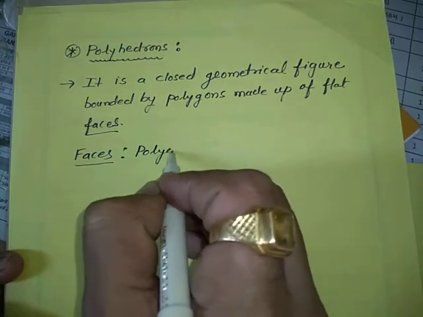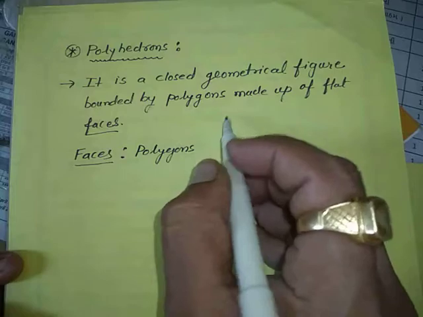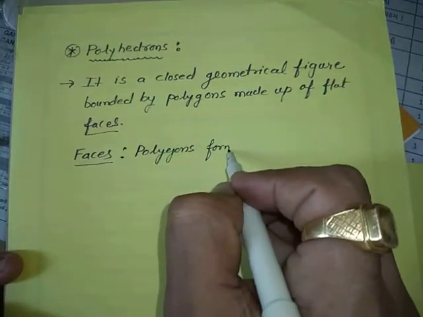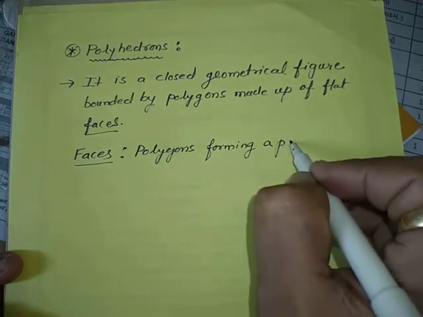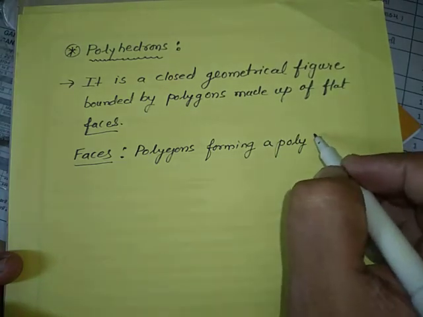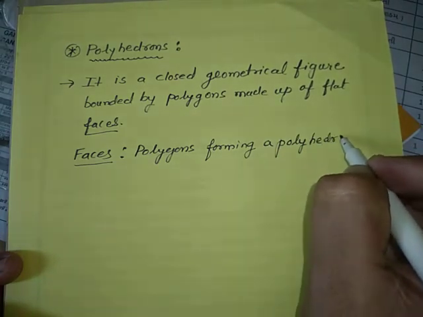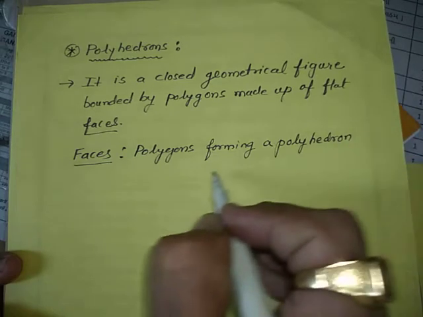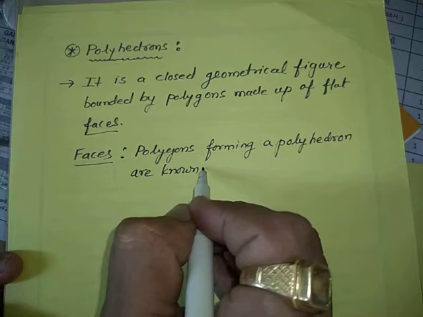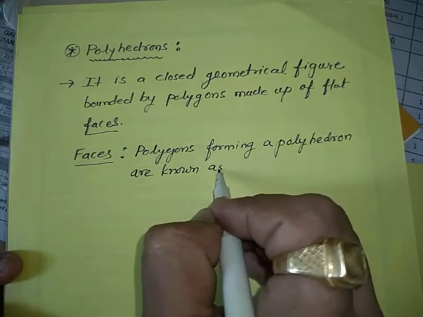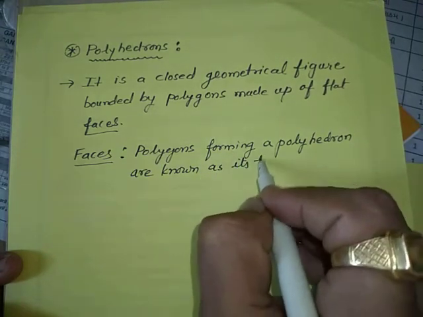So polygons forming a polyhedron are known as its faces.